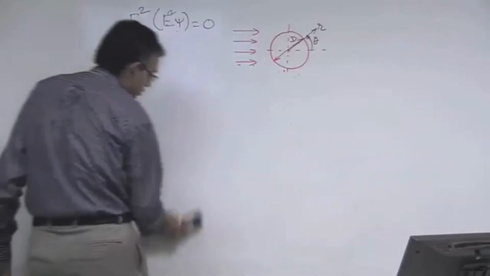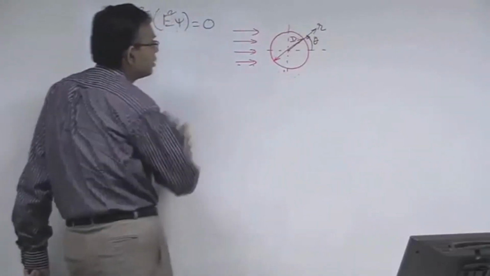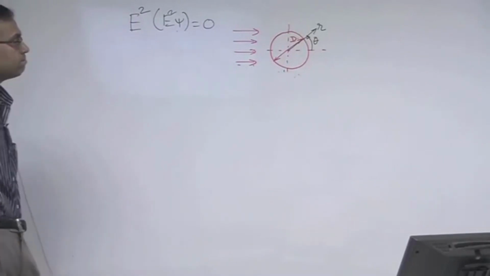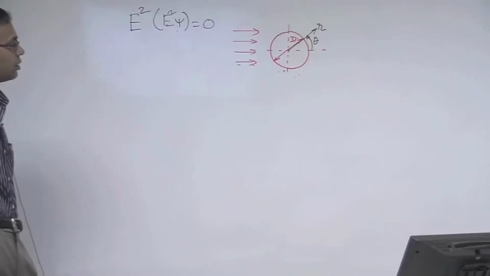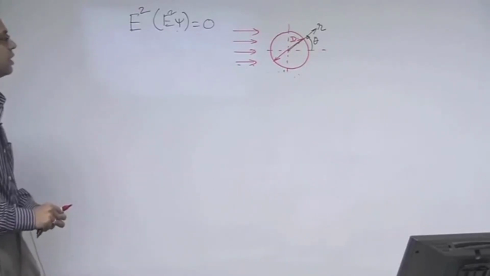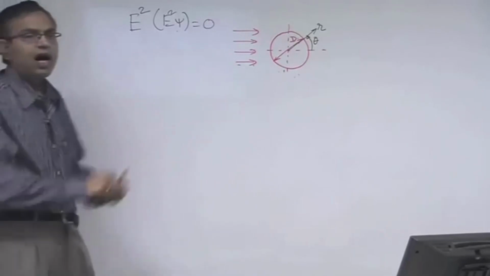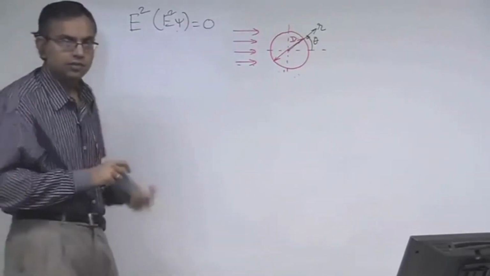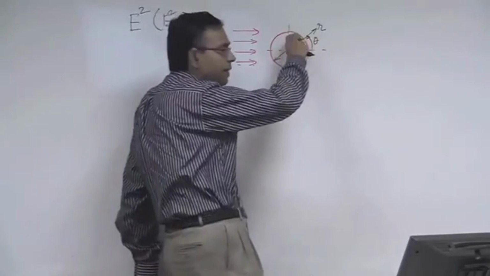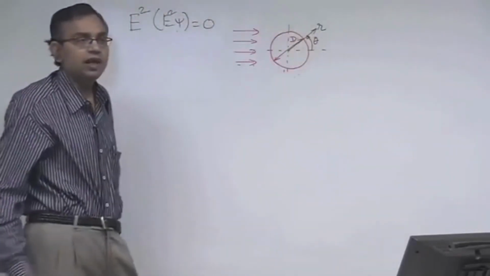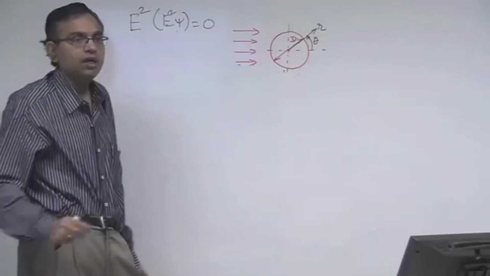Now next, what we will do is try to assess what will be the velocity field far away from the sphere. We intuitively expect that far away from the sphere the effect of the sphere will not be important.